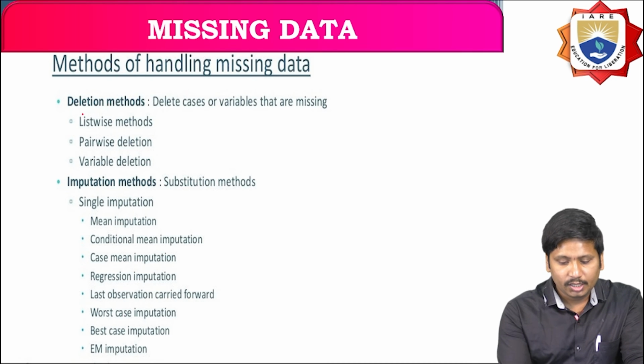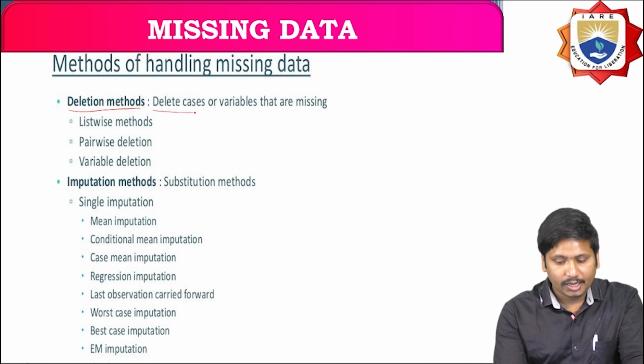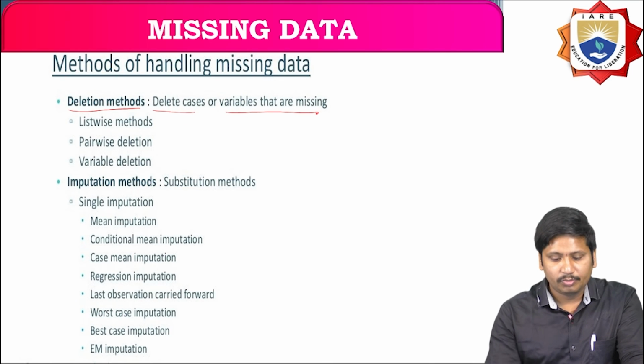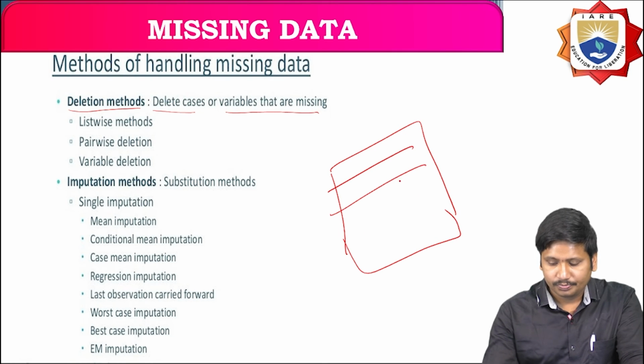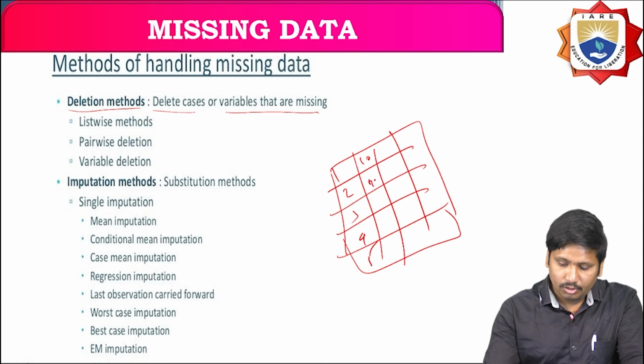Suppose one thing is deletion methods, so delete the cases or the variables that are missing. Just now I said, suppose we have the table. In this table, some rows are missed here. So 11, 12, 40, 50, and then 50, 60, 89.